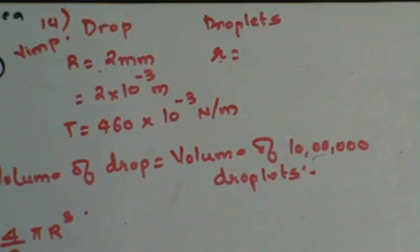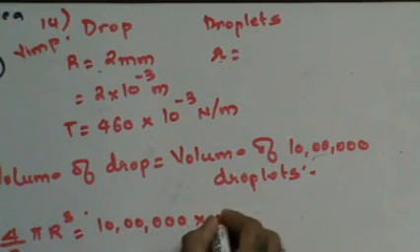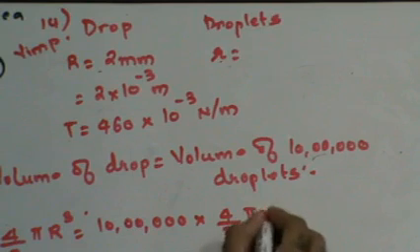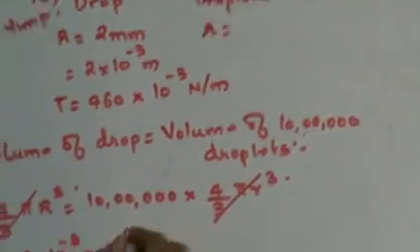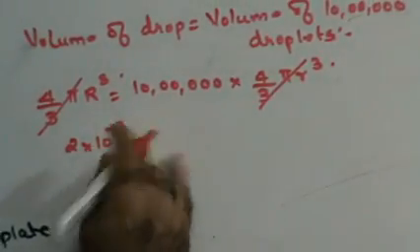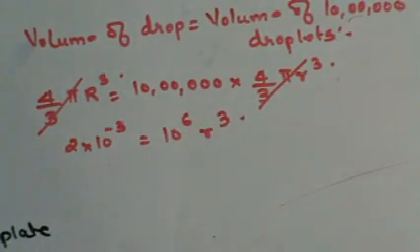I'm assuming capital R to be the radius of the drop, equal to 10 lakhs into volume of droplet, 4 by 3 pi r cube. I'm assuming small r to be the radius of the droplet. 4 by 3 pi and 4 by 3 pi get cancelled. R is given to you as 2 into 10 raised to minus 3, is 10 raised to 6 r cube. Right?